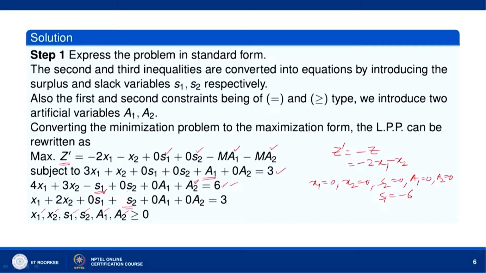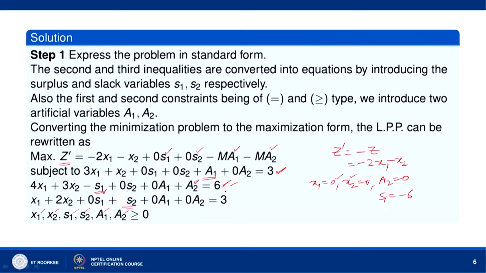Okay. So, taking x1 equal to 0, x2 equal to 0, s2 equal to 0, we have three equations here, and there are how many variables? 1 2 3 4 5 6 variables. So, we need to take 3 variables equal to 0. We have three equations here.